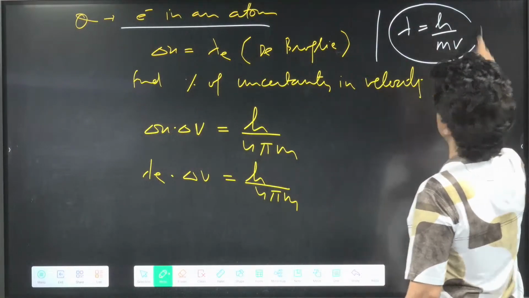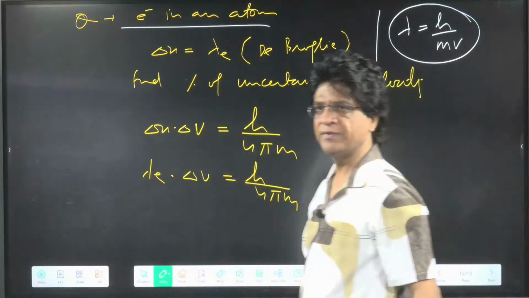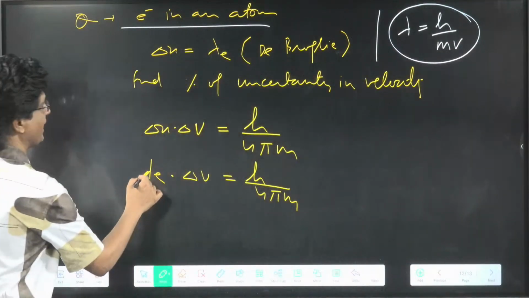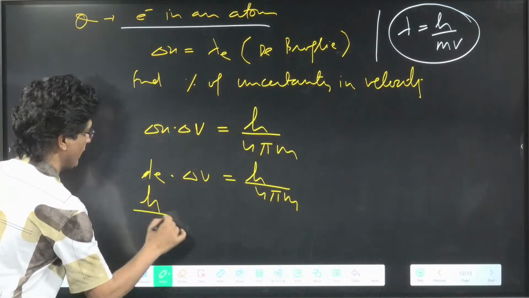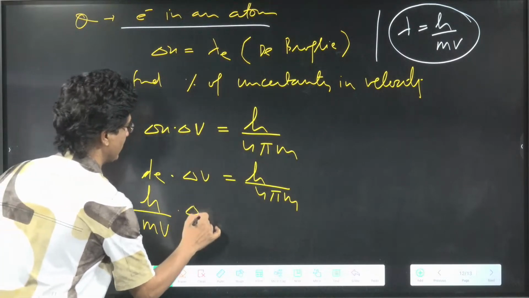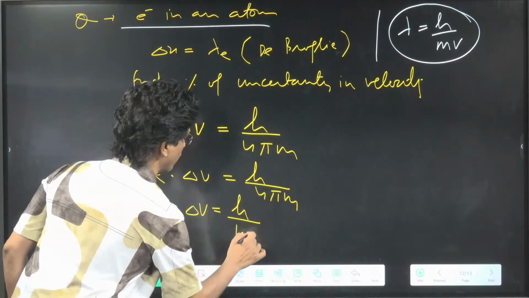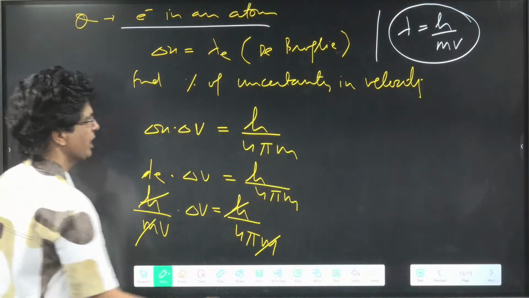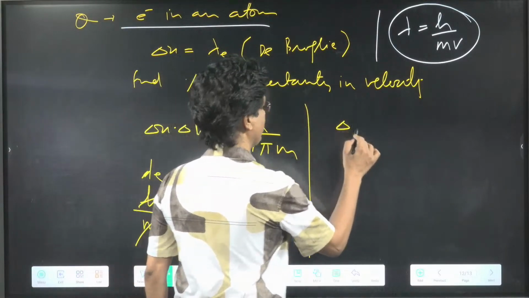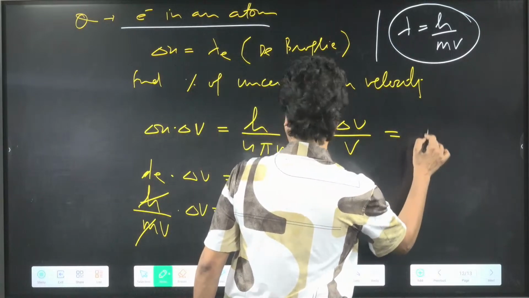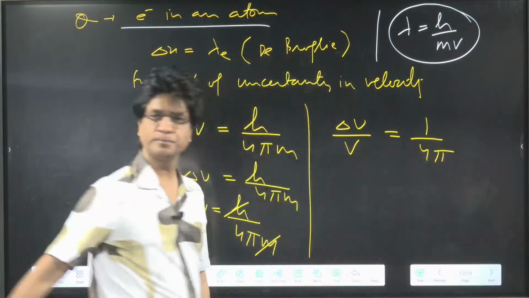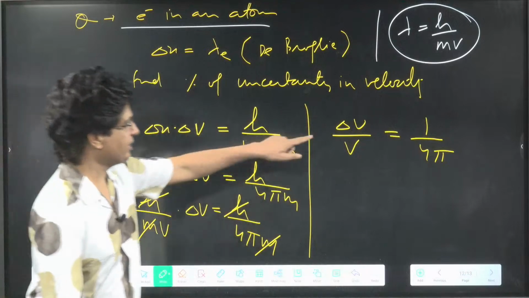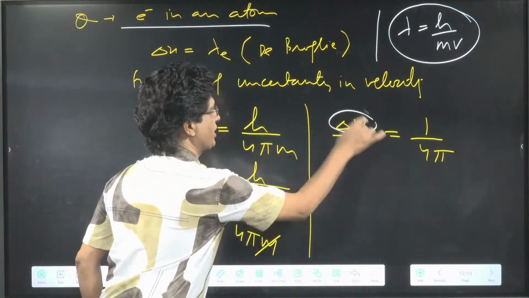This is the wavelength of the electron. So lambda of the electron can be written as h upon mv, into delta v equal to h upon 4 pi m. M and M cancel, h and h cancel. So I'm left with delta v upon v equal to 1 upon 4 pi. Now this is called the uncertainty in the velocity.